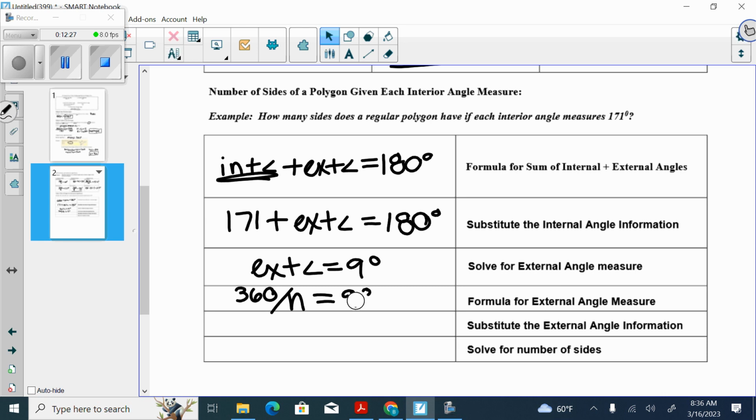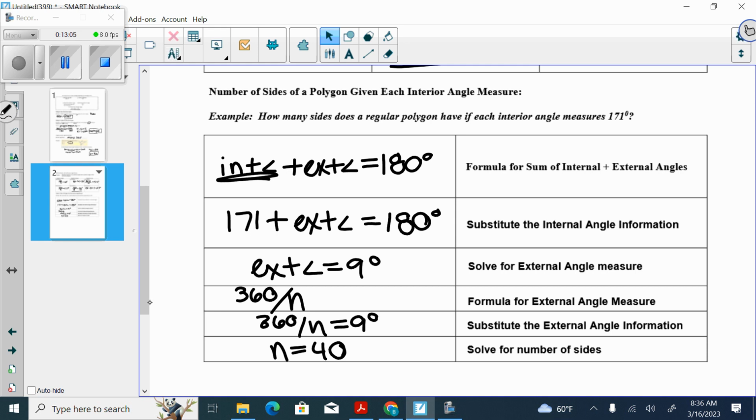Oh, sorry, I should have said that it wants just the formula first in this blank, and then it says to substitute in. So then I would do 360 divided by n equals 9 degrees. And then we would just solve, right? We'd end up with n must be 40, so we could say that this polygon has 40 sides, right?